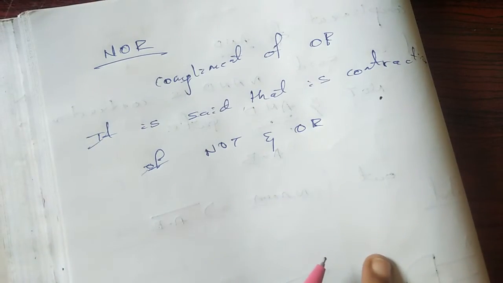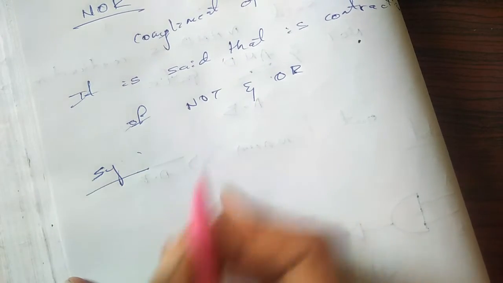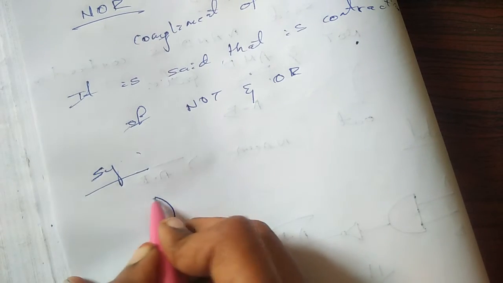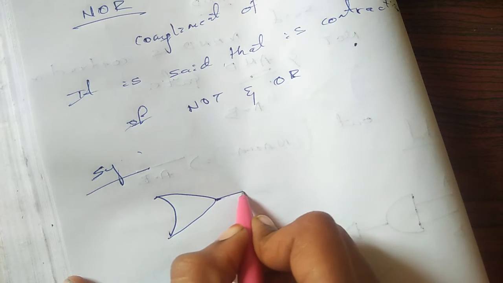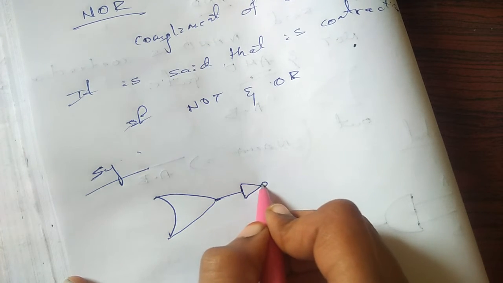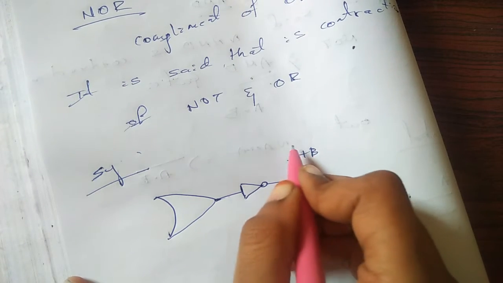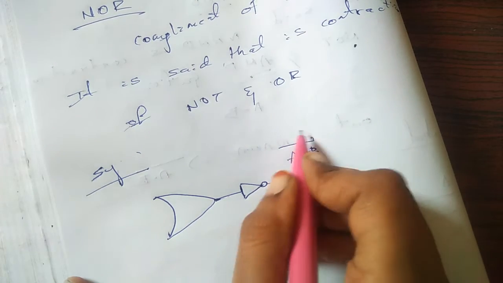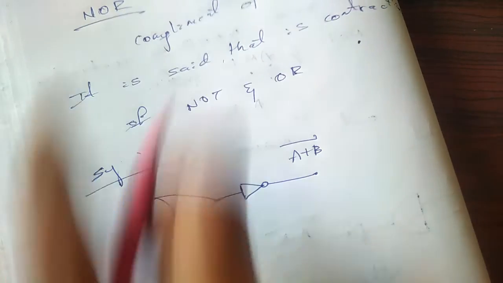So you can draw the symbol. It is the symbol for the OR gate. As it is the complement, you need to put NOT. Then you will get (A plus B) whole bar, as it is the complement of OR, which is NOR.